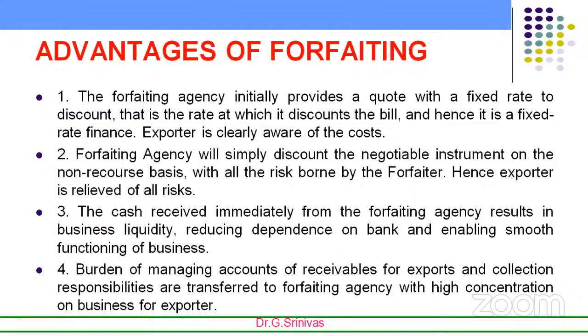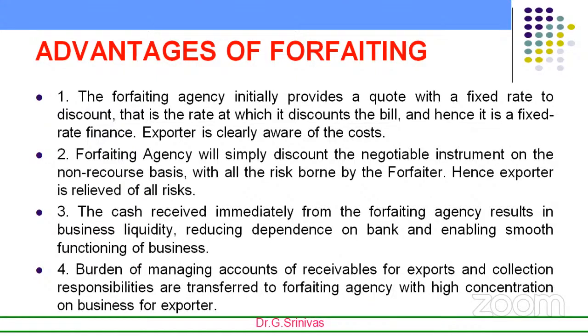The cash received immediately from the forfeiting agency results in business liquidity, reducing dependence on the bank and enabling smooth functioning of business. See, after exporting the goods, when the exporter submits a letter of credit or any negotiable instrument to the forfeiting company, immediately they can get cash. So this will improve the liquidity of the business.